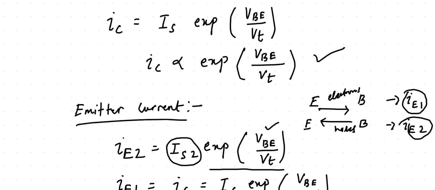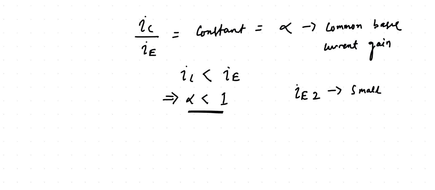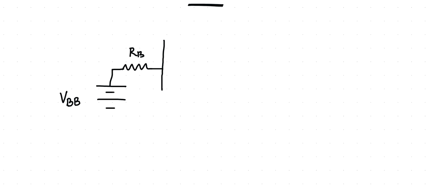Now if you see the basic circuit, it will look like this. Suppose I name this VBB, and then it goes here, and we have a resistor defined here, RB, connected this way. So this is our bipolar junction transistor.